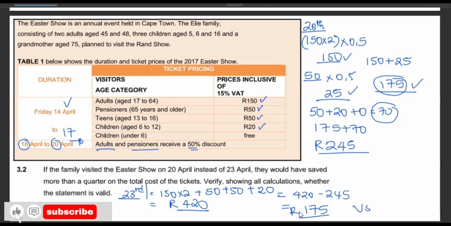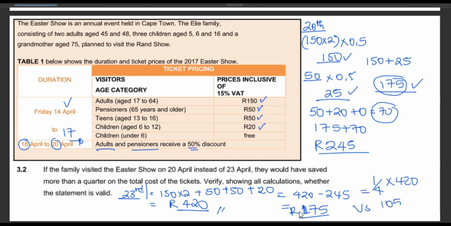Versus a quarter of the 23rd, because they're saying they would have saved a quarter. So let's see what's a quarter of 420. A quarter of 420 is 105. So the claim is valid.